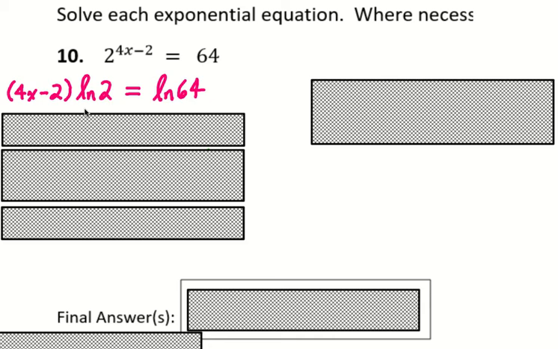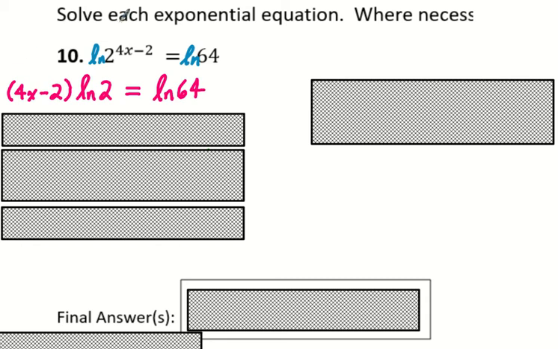I did 2 things at once, just a heads up. If you take the natural log of both sides first, then you can bring down the 4x minus 2. But make sure, gang, that you put it in a set of parentheses. Put it in a bubble.